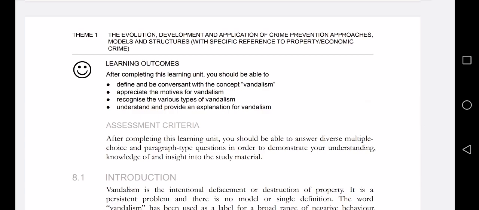Okay, the learning outcomes of this study unit. After completion of this learning unit, you should be able to define and be conversant with the concept of vandalism, appreciate the motives of vandalism, recognize the various types of vandalism, and understand and provide an explanation of vandalism.